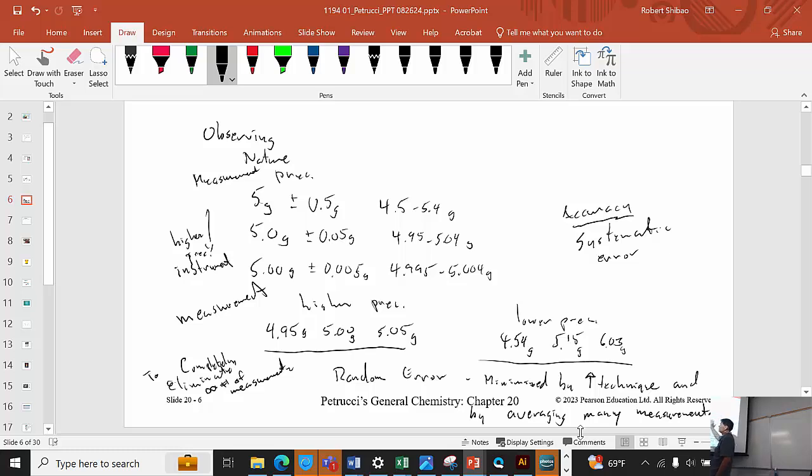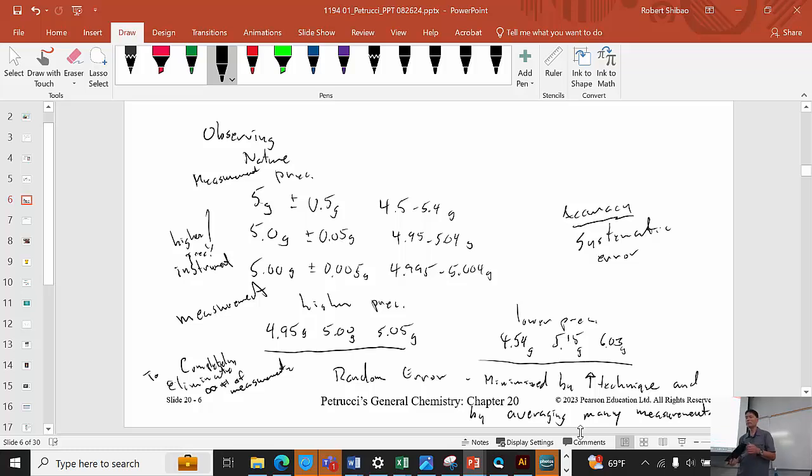If the balances are reading systematically too high, let's say the actual mass is 4.5 grams, but you're reading closer to 5 grams, then that's a systematic error. The balance needs to be recalibrated. And so calibration is important for eliminating systematic error. Systematic error happens when we have a bad technique or poor calibration.